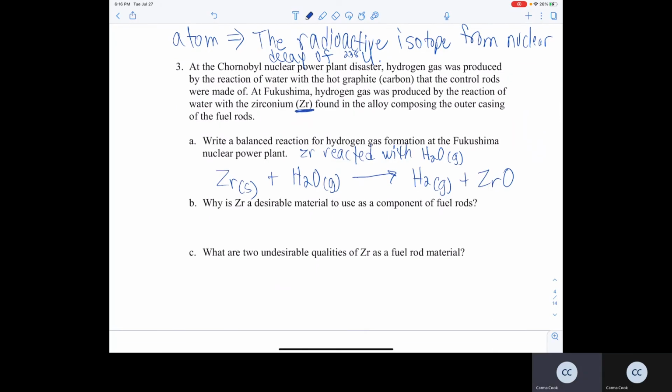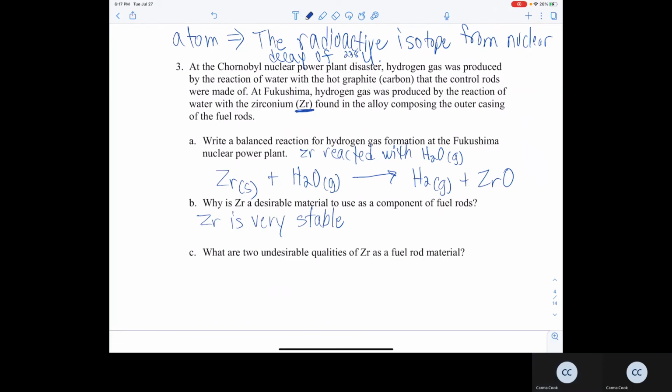And they didn't use any other material that would have been reactive. Zirconium is very stable. It's not very reactive like the graphite that was used in the control rods at the Chernobyl plant.